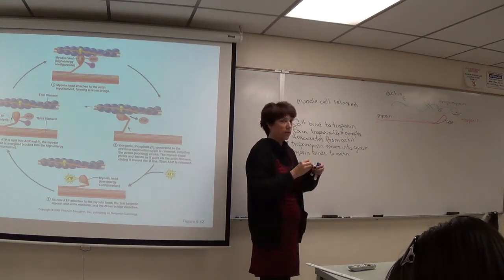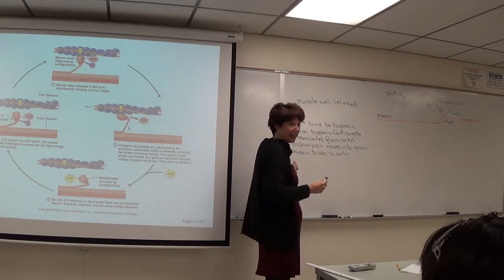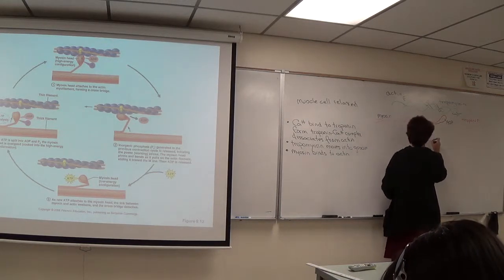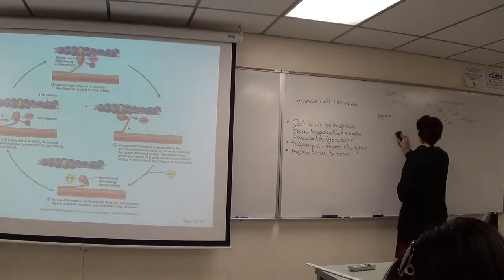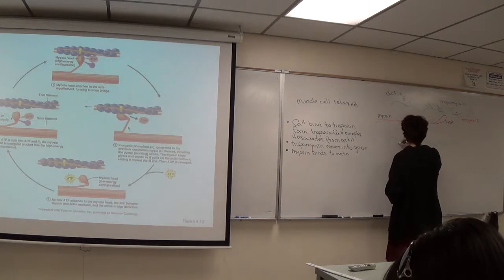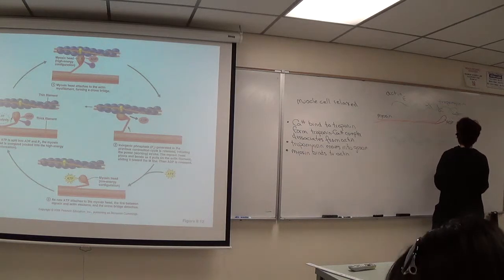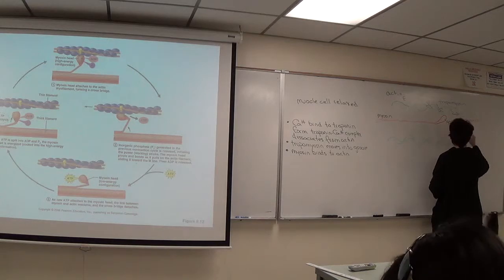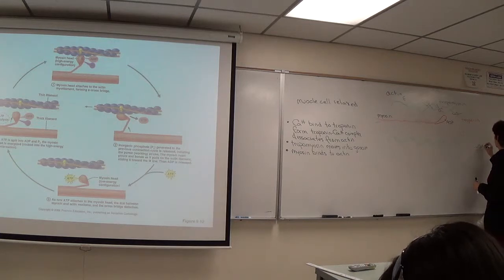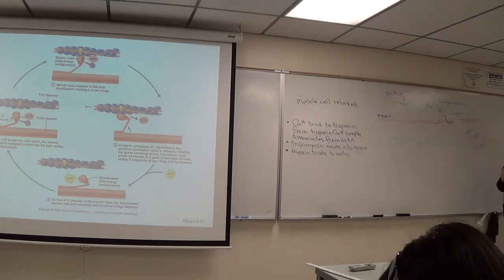Okay, so I'm going to redraw that picture to illustrate these events right here. So troponin is off to the side, bound to calcium ions. So these would be the troponin calcium complexes.